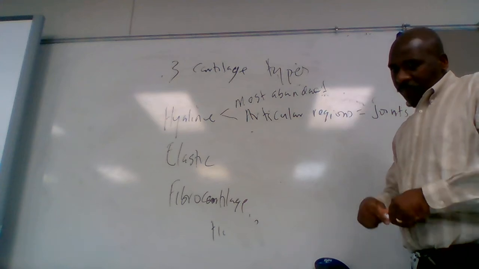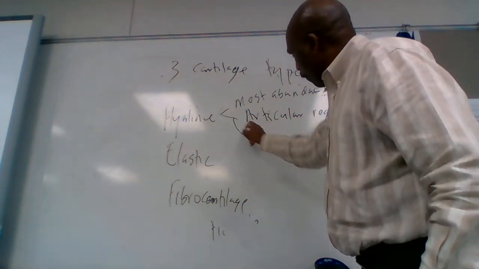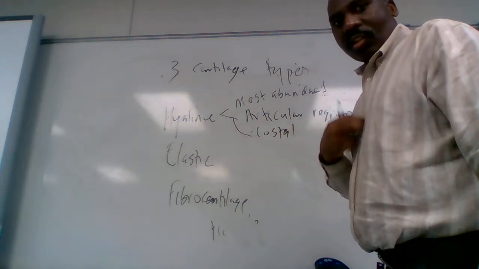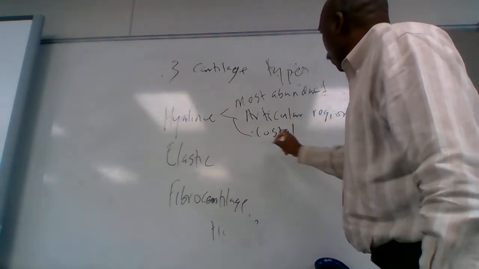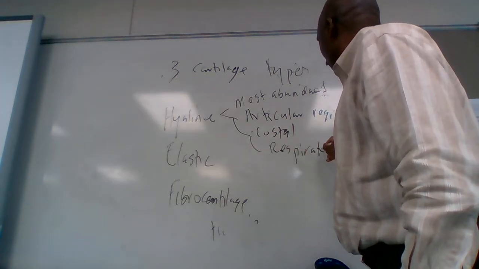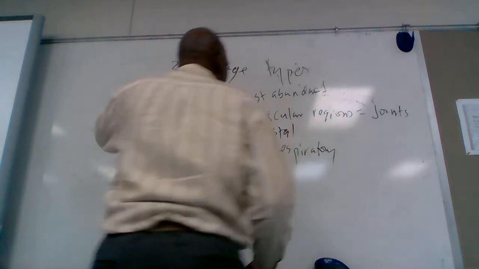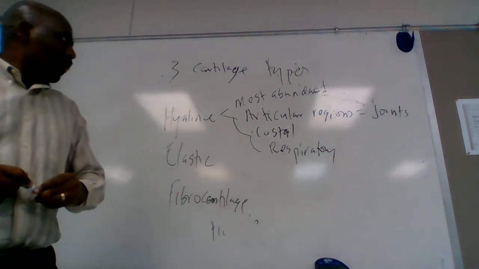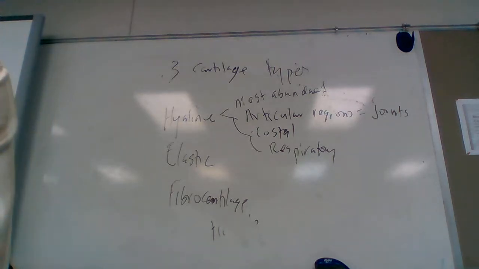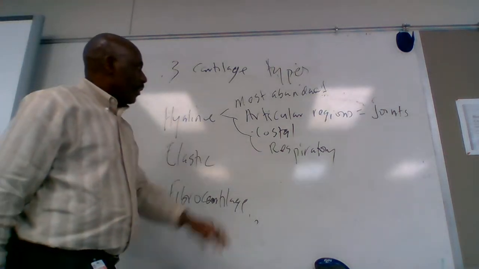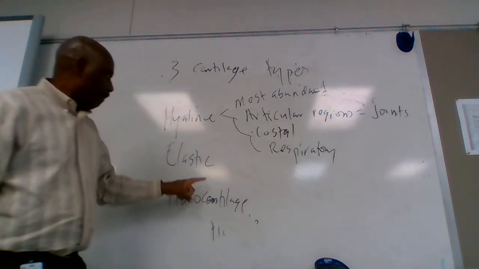We will also find it in the costal areas, somewhere around the chest where you have the sternum, and then we also find it around the respiratory system. So hyaline cartilage is the most abundant, found in the articular regions, around the costal region as well, and in the respiratory tract.